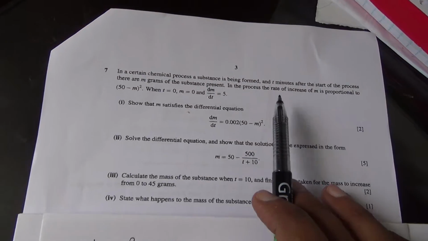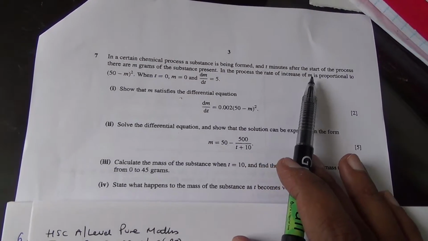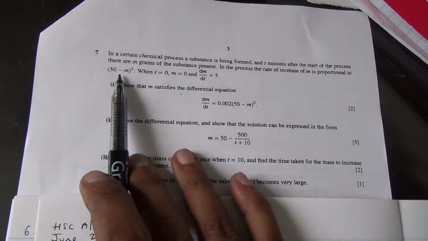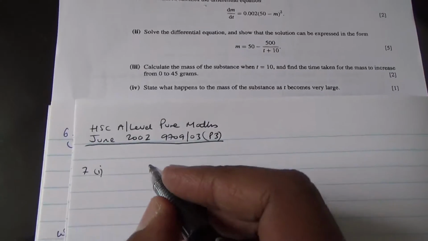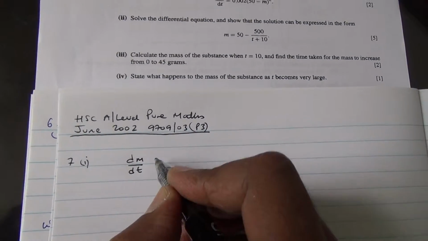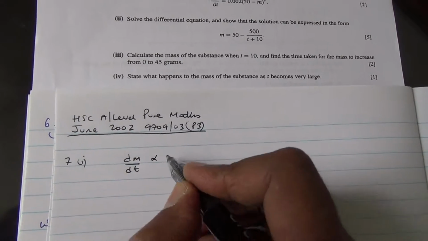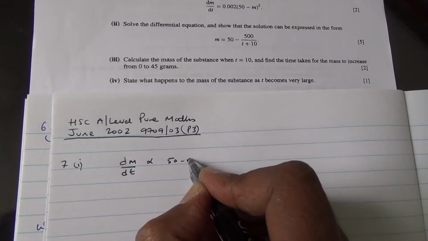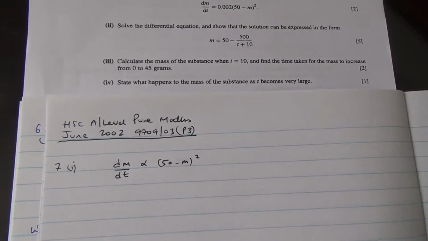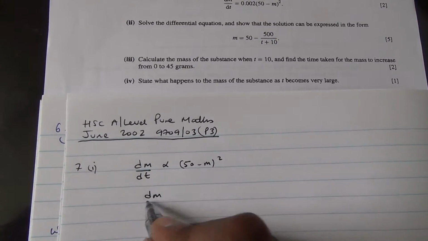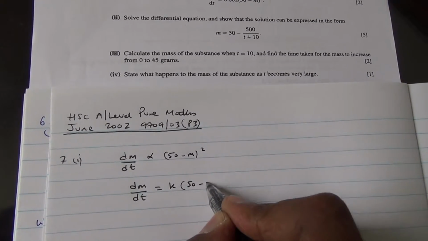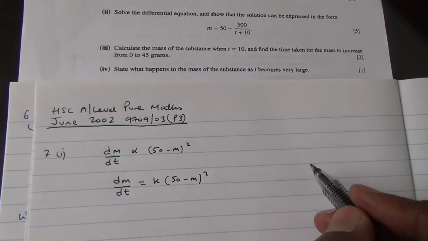Okay, so here we are. Now we are told that in the process the rate of increase of m is proportional to (50 minus m) squared. The rate of increase of m means dm over dt is directly proportional to (50 minus m) squared. That means dm over dt is equal to k times (50 minus m) squared.